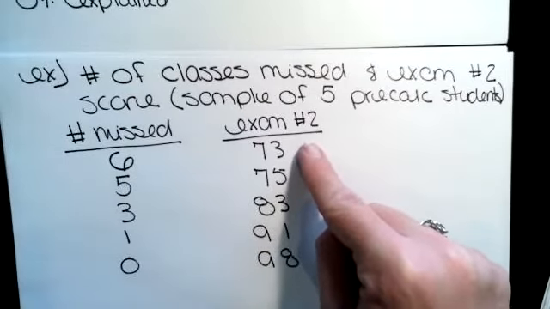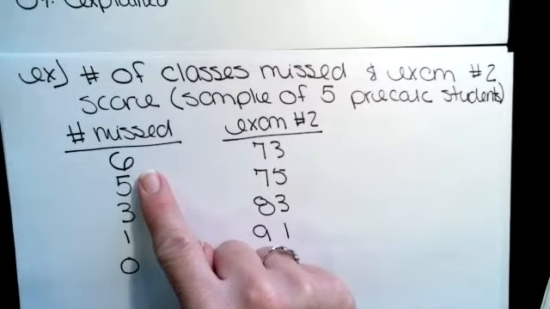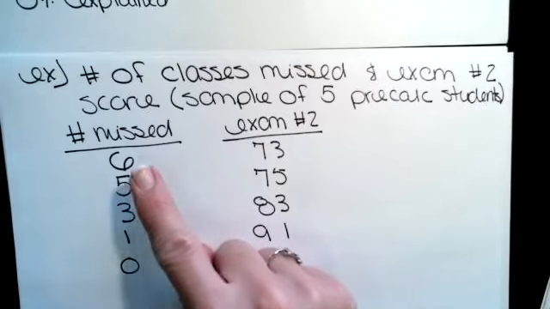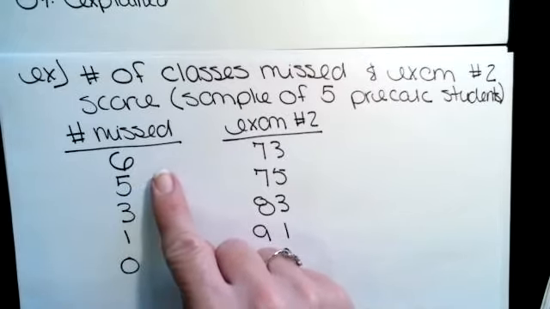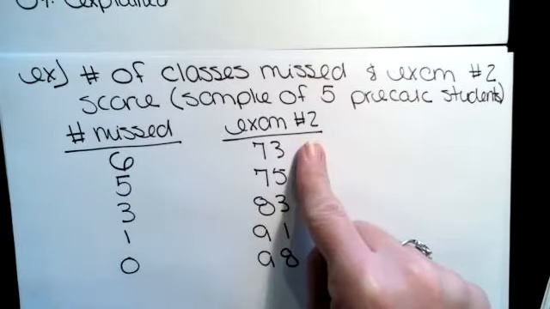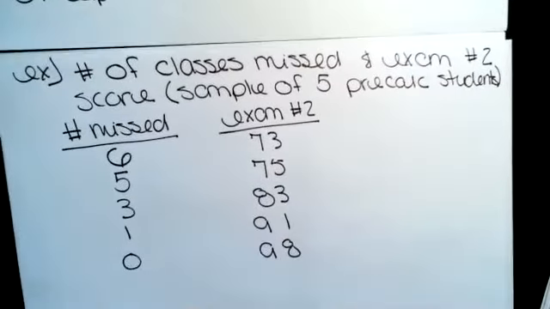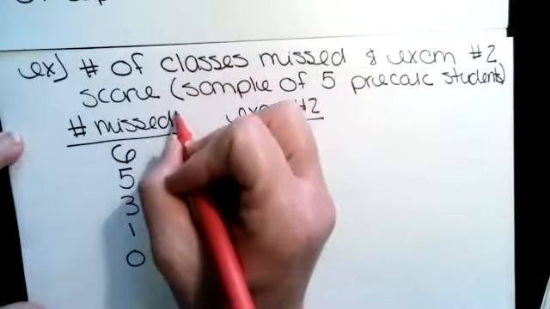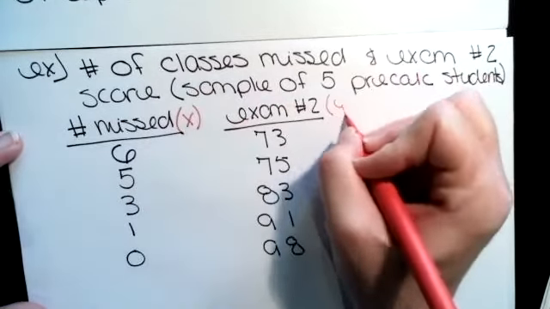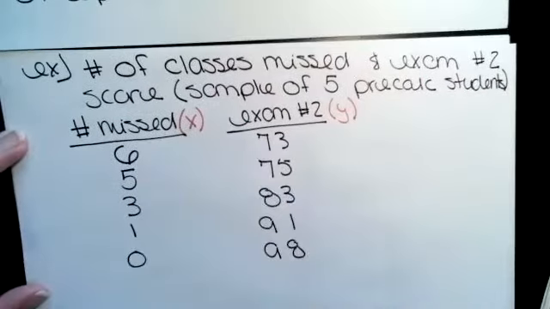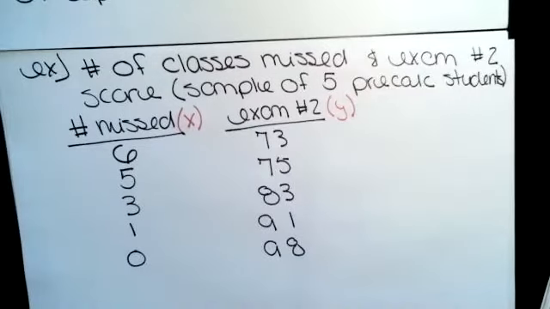Or do you think someone's exam 2 score can predict the missed classes? So I think it should be the first way, that the number of classes missed can predict someone's exam 2 score. So I'm going to choose this to be my X and my exam 2 score to be my Y. Okay. So that's how you figure it out.